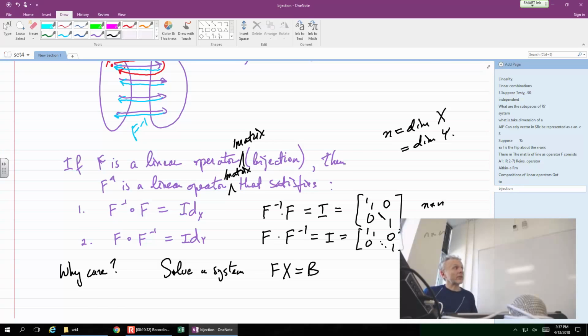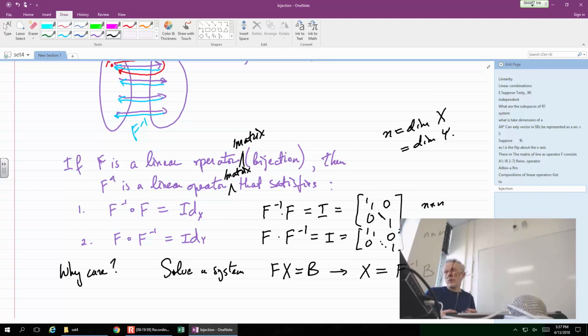F is our matrix of coefficients, b is the right-hand side. How do we solve it? Well, like this. X is equal to F inverse of b. Done. So if you have the inverse, then whatever b is, you just substitute it with the inverse, and you have the answer.